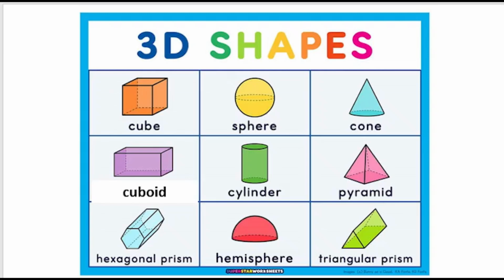Okay, so 3D shapes. Now, what is the meaning of 3D shapes? You cannot put them flat on the ground. They will have height. A rectangle you can draw on a paper will have no height. It will not rise above the paper. You can draw a circle on a paper, and the circle will not come above the level of the paper.